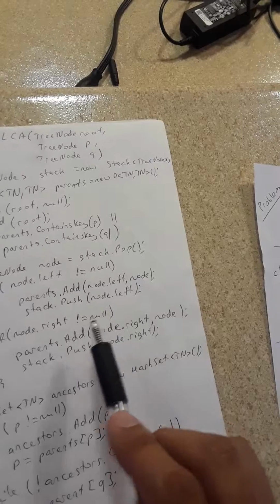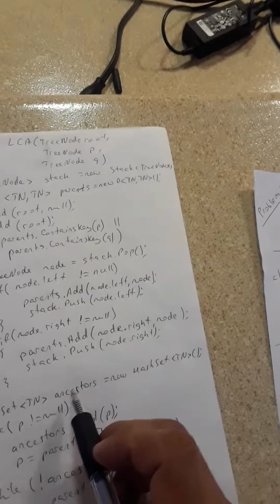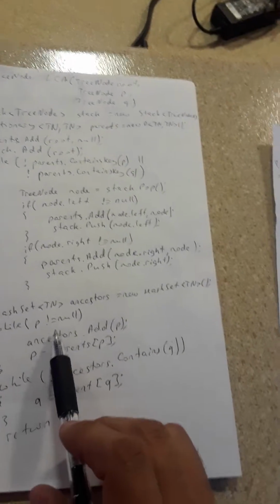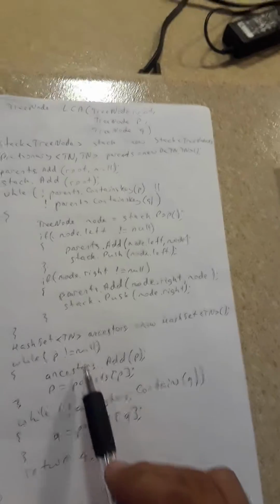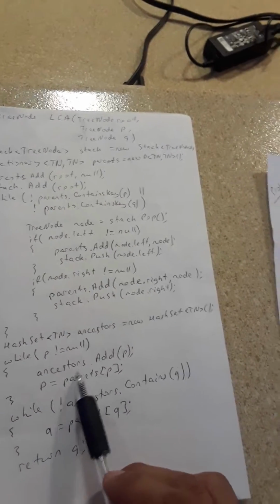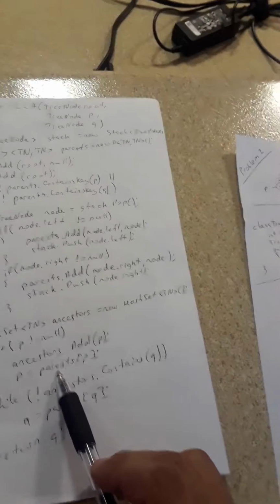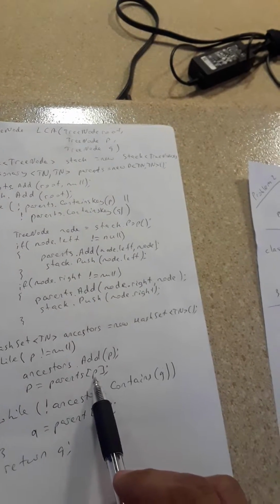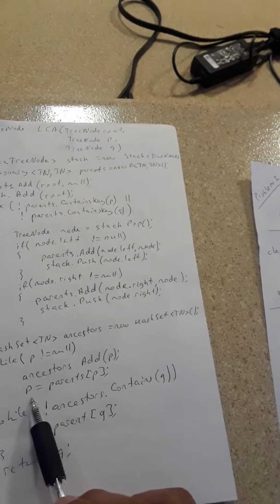I will be doing the same with the right child, and after that I will declare a hash set, and from that point until my P is equal to null, I will keep adding my P value to the ancestor hash set, and I will keep resetting my P according to the value from the dictionary. So P will always be passed as a key, and the value will be the resetting value of P.